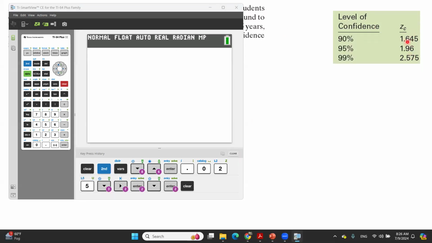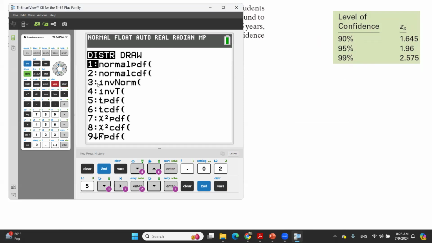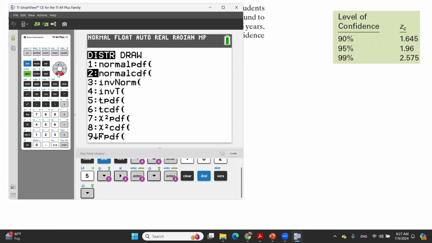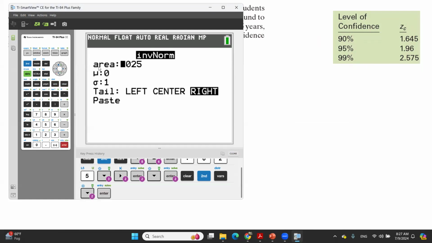So to calculate the critical value when you have a 90% level of confidence, go to second, vars, and find inverse norm. When you go to inverse norm, you need to enter the area, the mean, and sigma. For a 90% level of confidence, 10% of the area is divided up into two pieces, 5%, 5%. So we're going to enter 0.05.